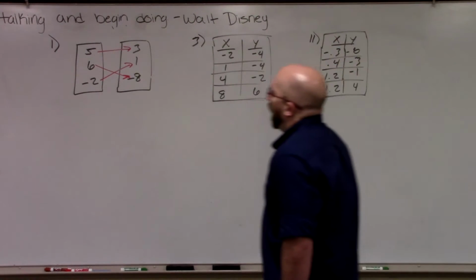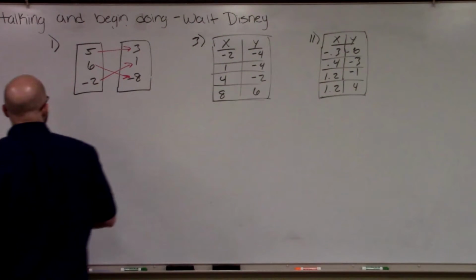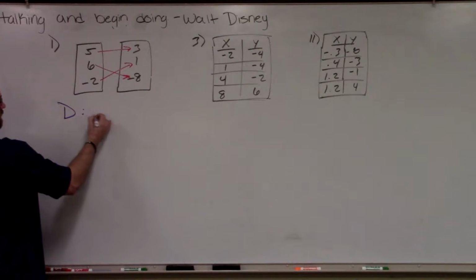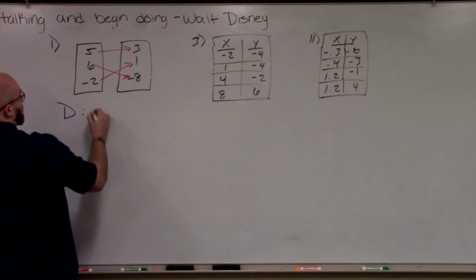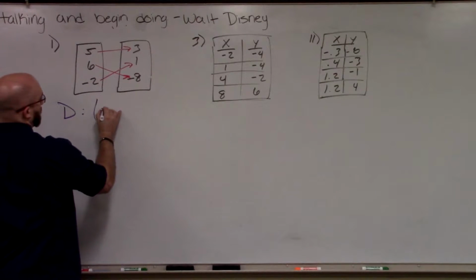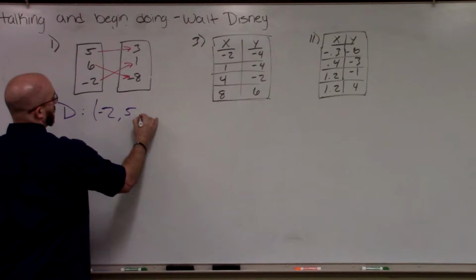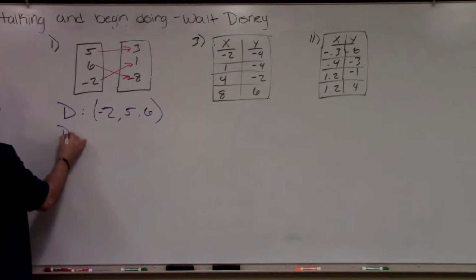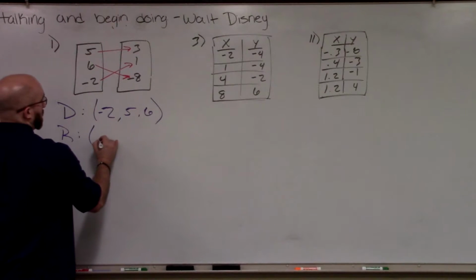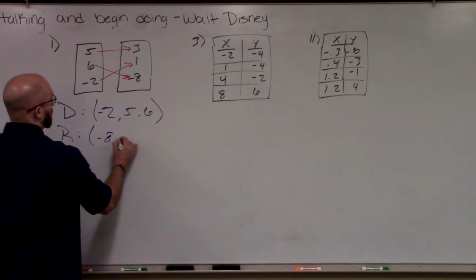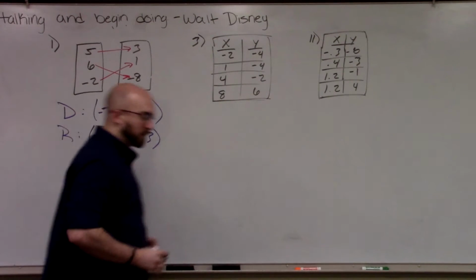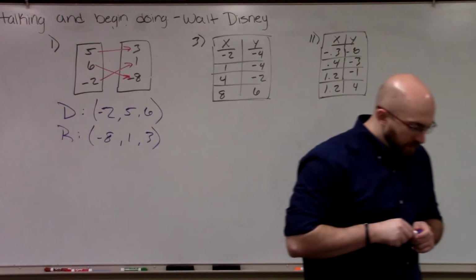So look at this one. For the domain, what we're going to write is -2, 5, and 6, in increasing order. And the range is -8, 1, and 3. So that's our domain and range for that.